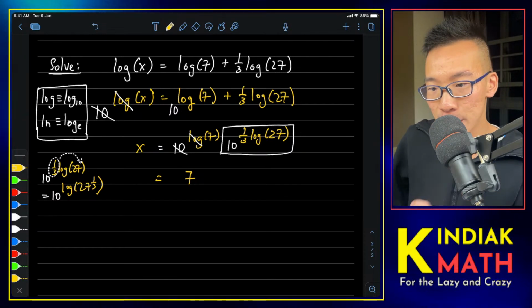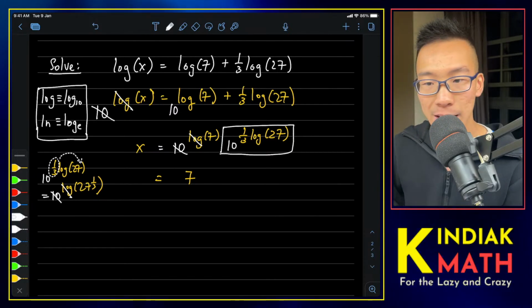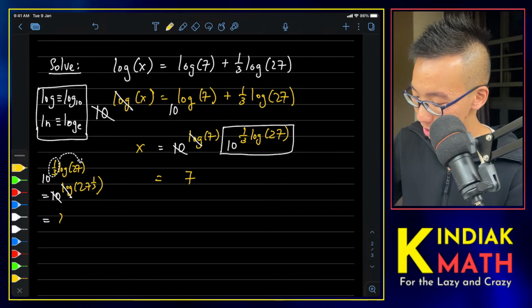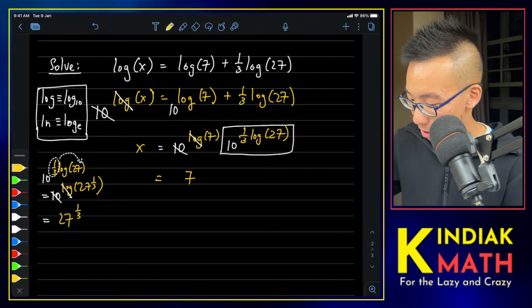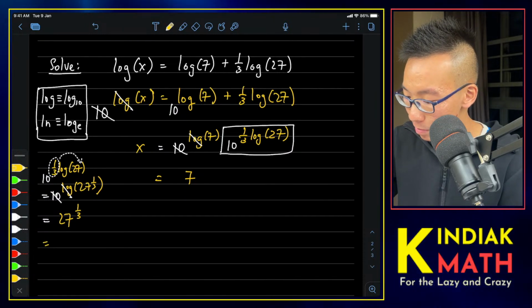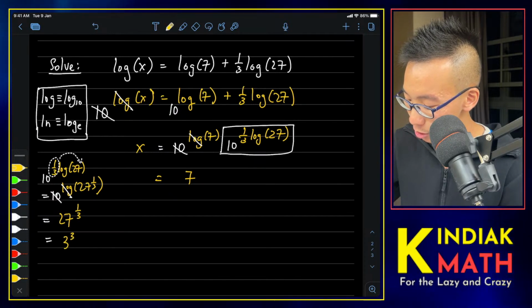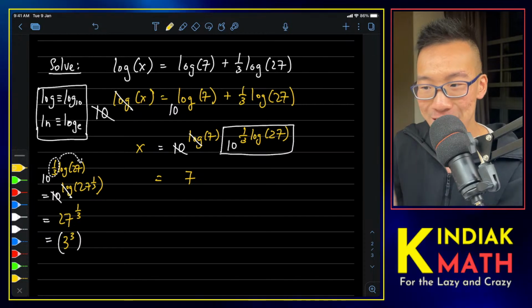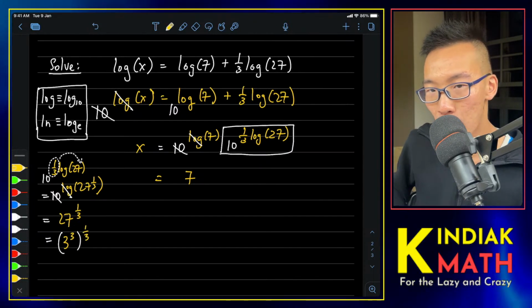Once we have that nice property, the 10 and the logarithms cancel out once again, and we are left with 27 to the power of 1/3. But 27 is very conveniently 3 cubed, and we're taking this number to the 1/3 power.